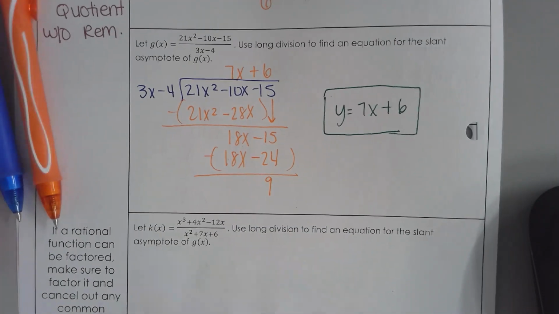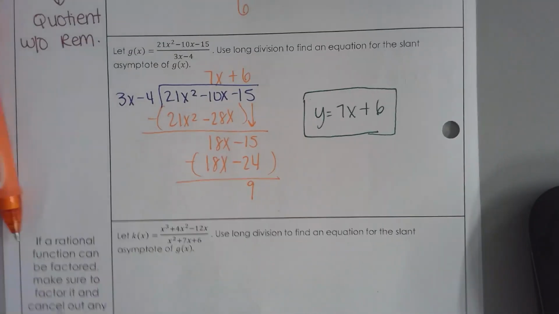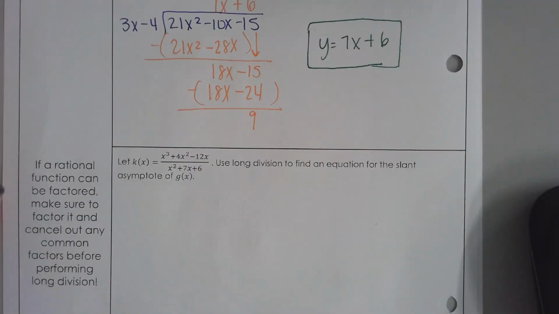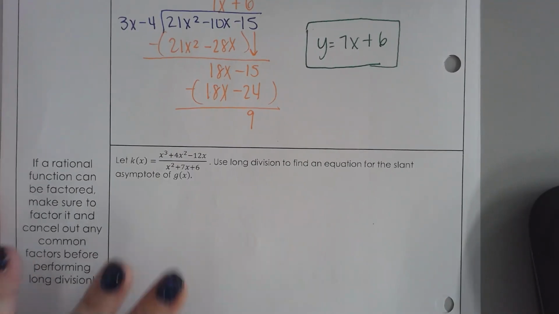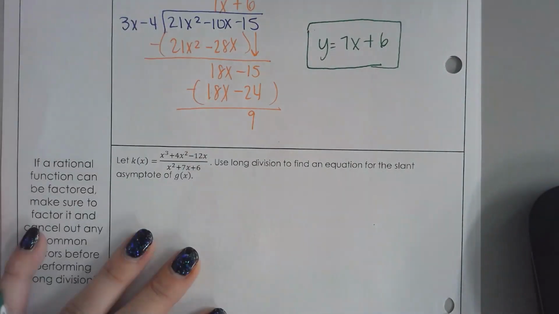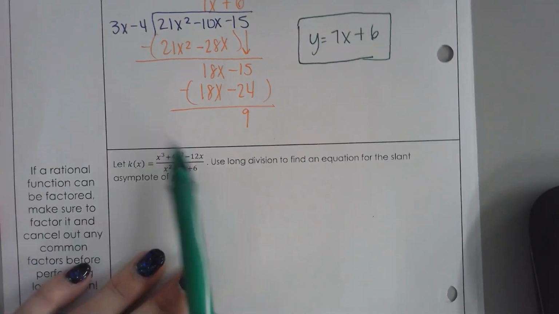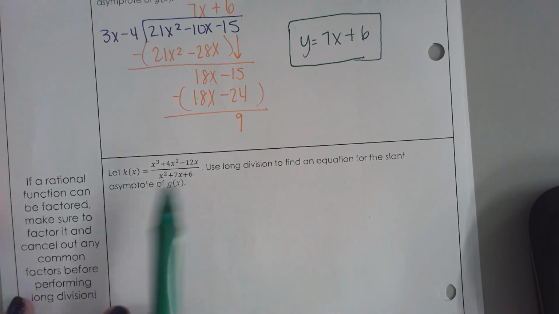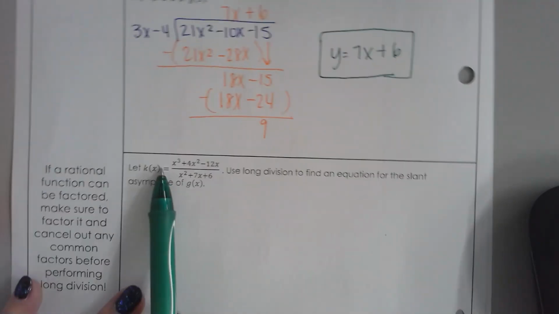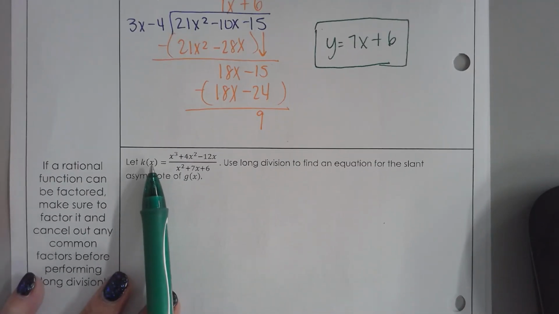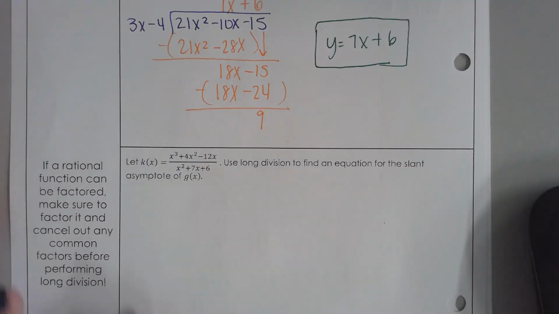Okay. Now this last one, I made this note, but then I just went back and checked it. So far, all the ones we've done actually could not be factored. These can. If you factor them, this one would have a factor that cancels out.